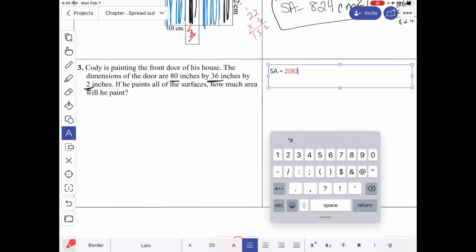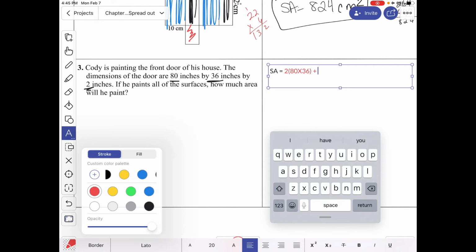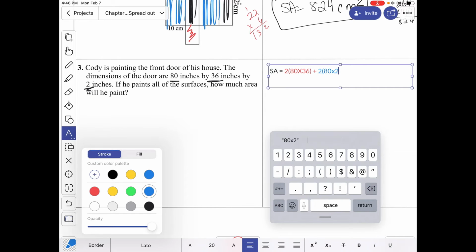So 2 times 80 times 36, plus we need 2 more numbers to multiply times 2. So 2 times, this time let's use 80 and 2. So now you see I've used 80 twice.